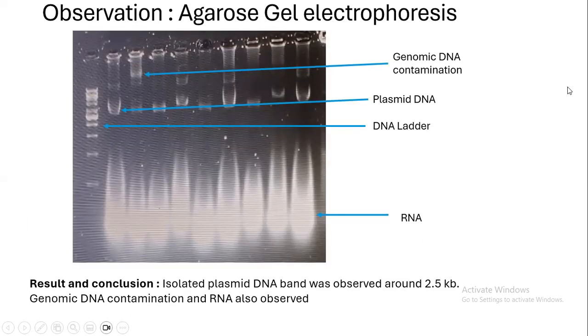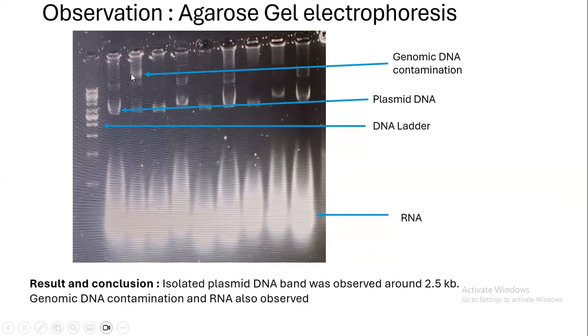Coming to the observations after agarose gel electrophoresis, we can see that the 1 kb DNA ladder has separated and it represents bands of different sizes. This is the band of plasmid DNA, which runs around 2.5 kilobase pair.